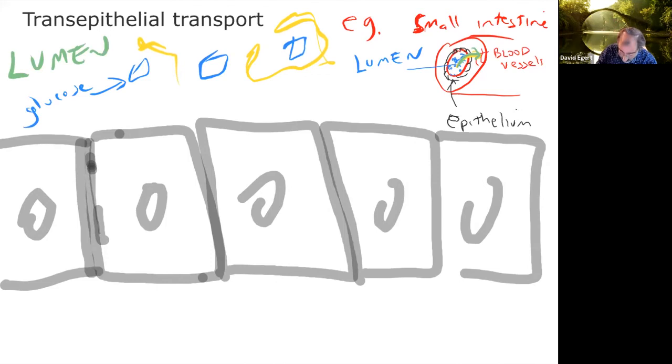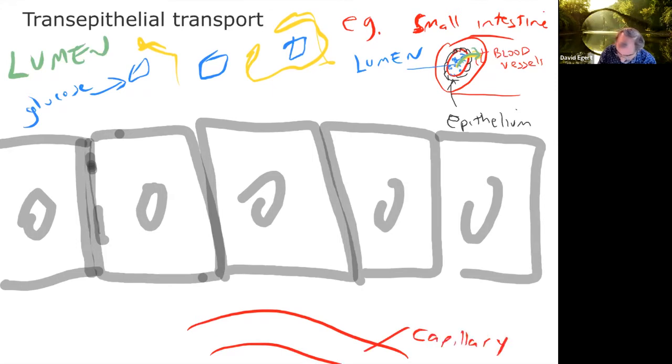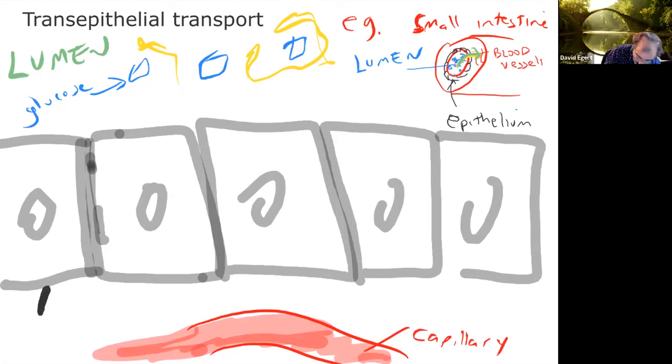On the other side of this epithelium are the capillaries. This is where you are going to be absorbing the nutrients, so you can then carry them and deliver them to all the different parts of your body. So this is my epithelial sheet. Is this making sense?